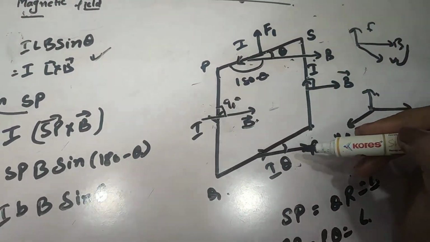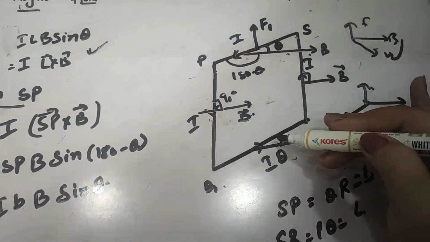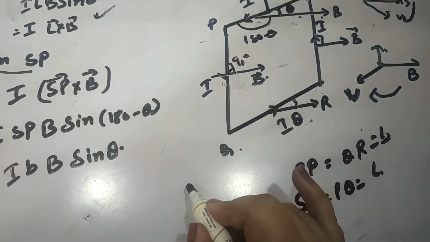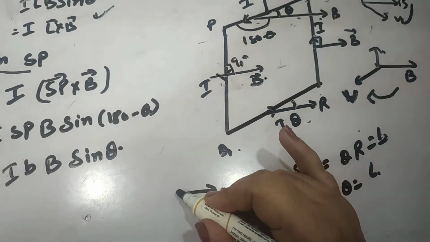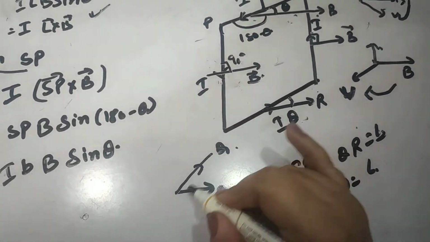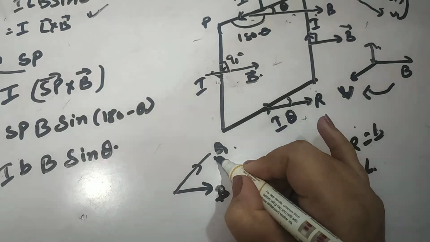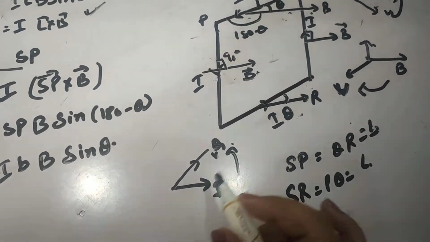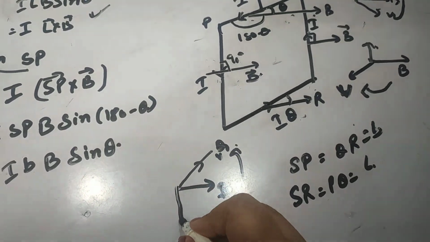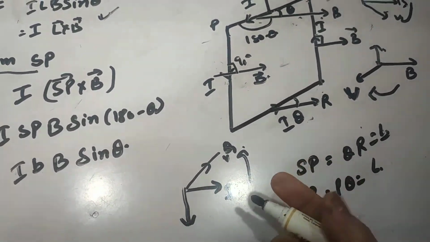Now apply the same rule at this point. See, magnetic field is along this direction, making an angle theta. Direction of current is in this direction, current is moving in this direction, that we represent by V, and B cross V is in this direction, anti-clockwise. The direction of force will be perpendicular to this, anti-clockwise.